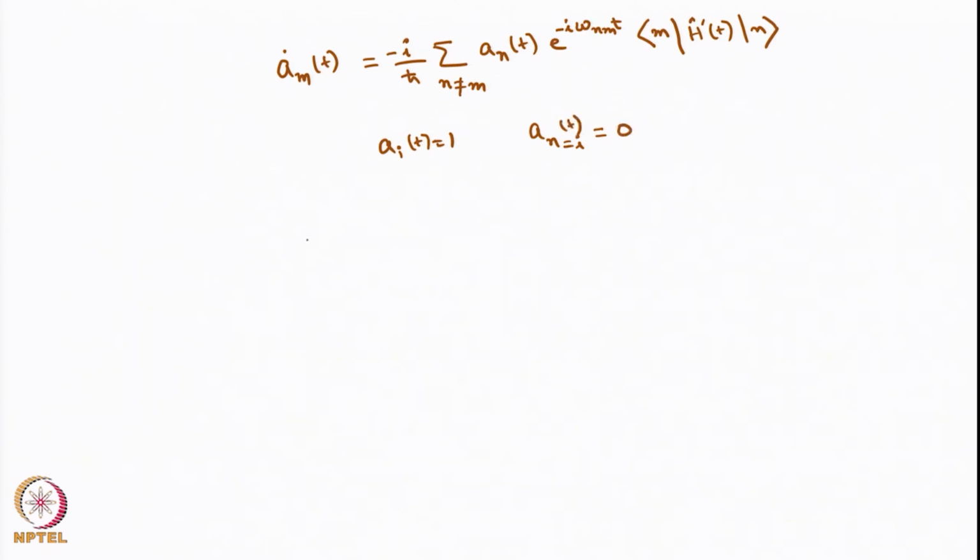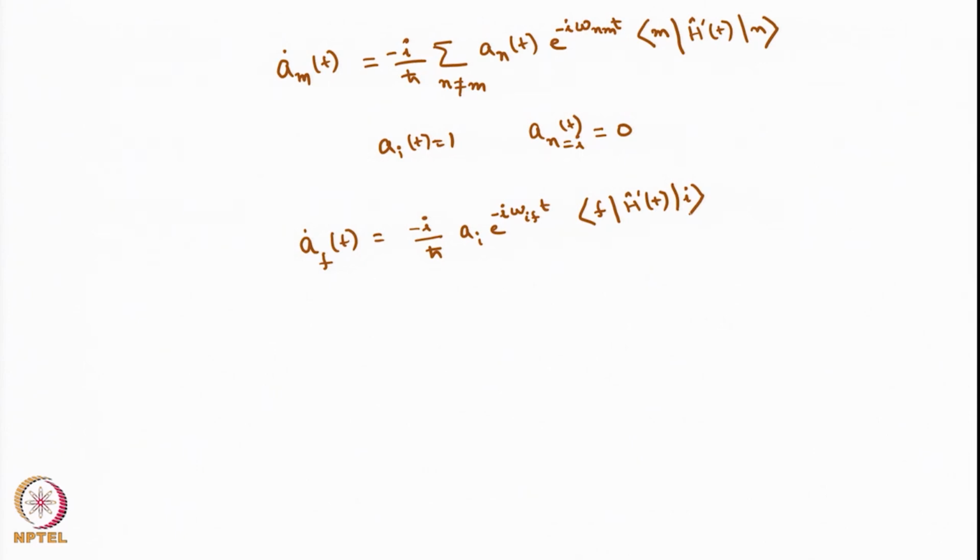So in such a scenario, if I start from a value of i and go to f, a_f dot of t will be equal to minus i by h bar, because only one term will survive, that is a_i, e to the power of minus i omega_if t <f|H'(t)|i>.